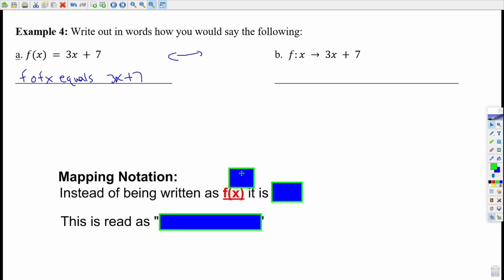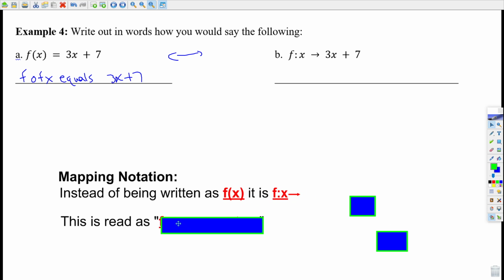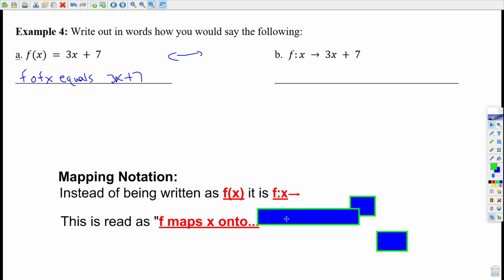Instead of being written as f of x, it is this f with a colon, x, and then an arrow. And how you read this is, going in order here, you say f, and then the colon is the word maps. Then you read x, and the arrow is onto.